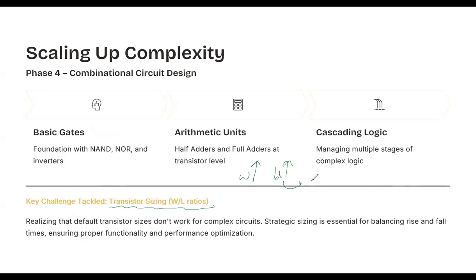As current increases, the power increases, and the power increment is not good for the circuit, but it leads to a reduction in delay, which is very much required. So all these things, being an engineer, you need to take care of and keep on working on, so that you can understand how to implement all these things.